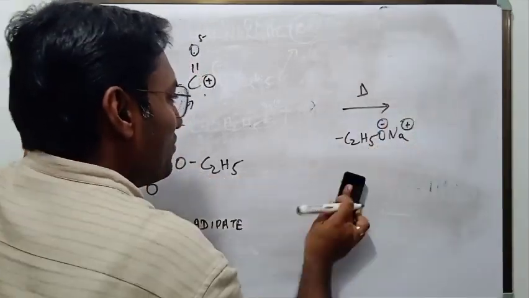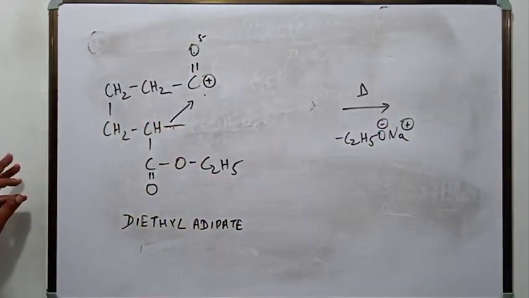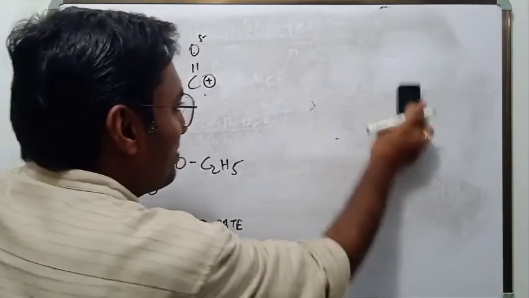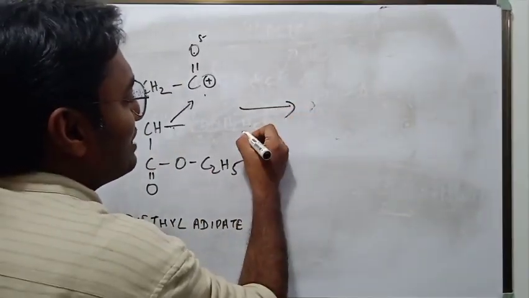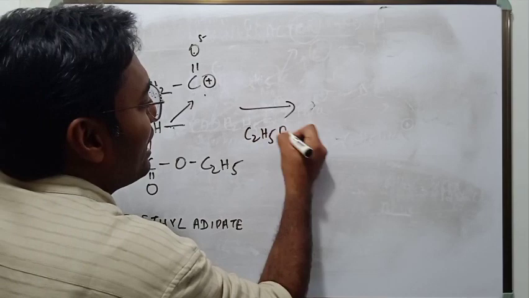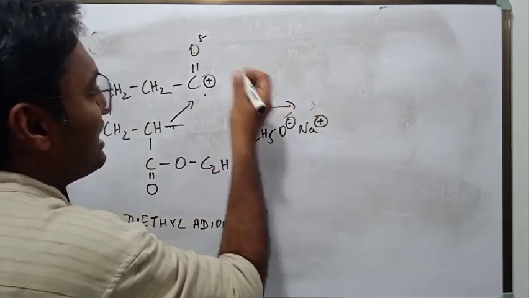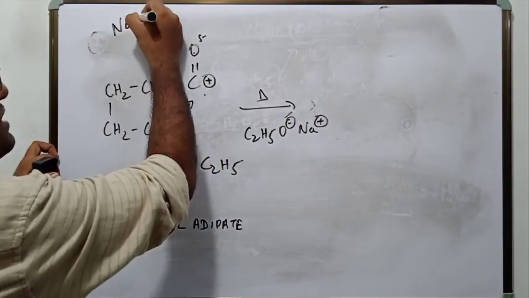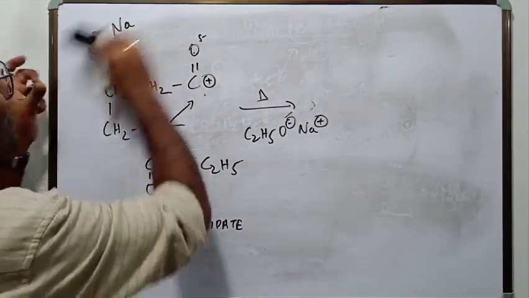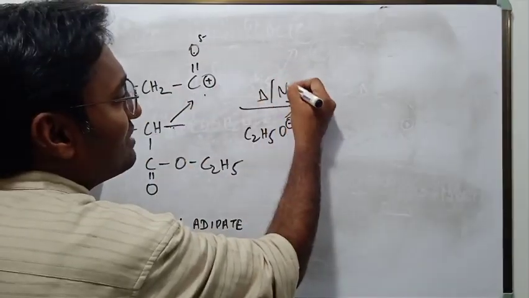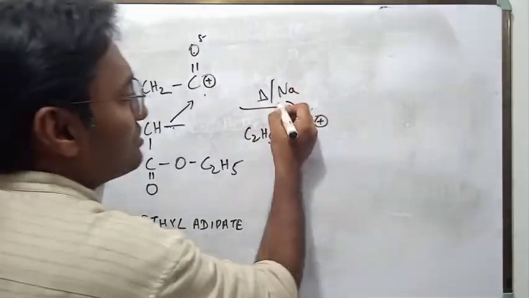So now we get the compound. What compound do we get? Let us write the compound. As we said, C2H5O minus Na plus goes out when we heat it with sodium, right? That goes out, and what results?